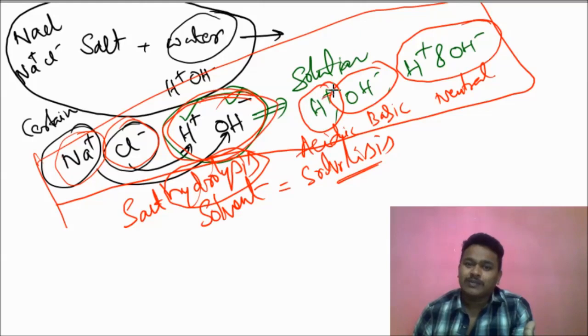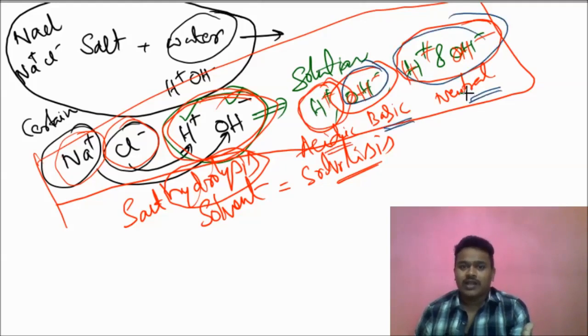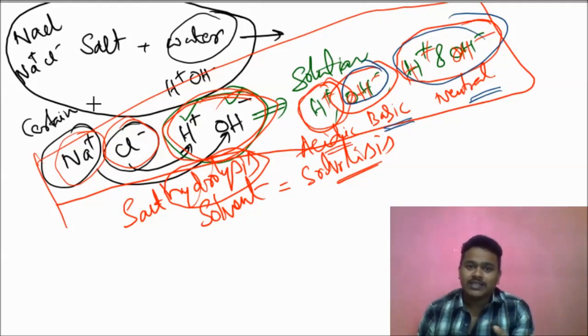They can result in H plus ions, OH minus ions, otherwise both the ions. If only H plus ions are there, it means acidic. If only OH minus ions are there, it means basic. If both the ions are there, it means neutral. This reaction is called salt hydrolysis. That's what we are going to study now.